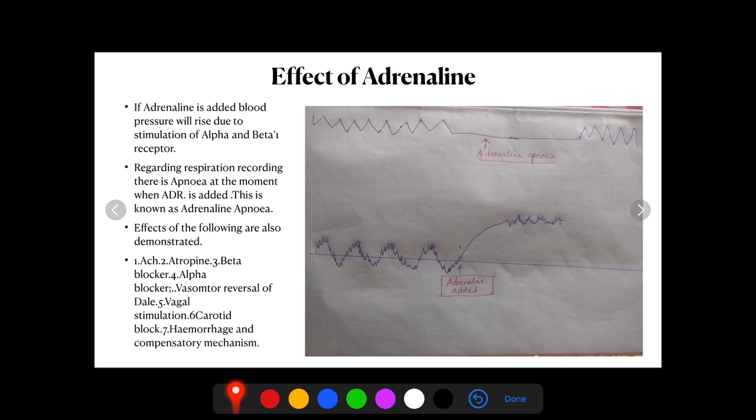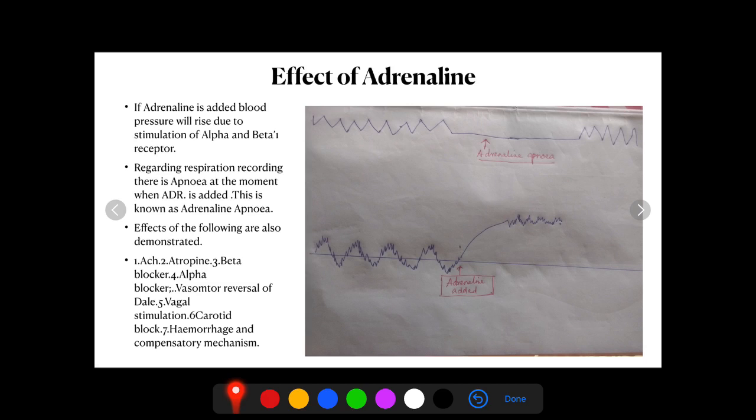So there will be a fall of blood pressure, hypotension. Now, after some time, you will have to clamp the femoral vein so that there will be a moderate degree of hemorrhage. Now, we can also study that after some time, the fall of blood pressure will regain.